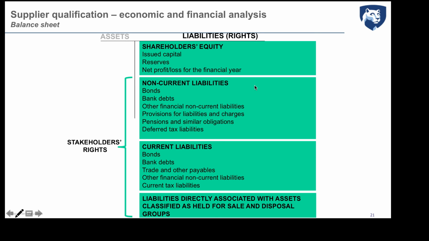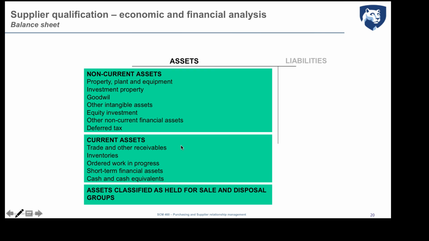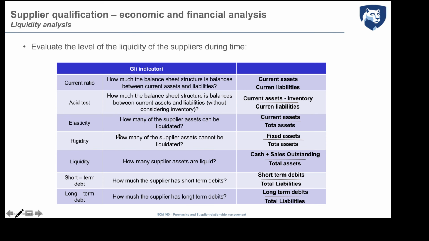You go back here, current liabilities, current assets. You make the ratio and you are able to understand if the supplier is able to cover current liabilities with current assets. Current assets are assets that can be made liquid in the short term.